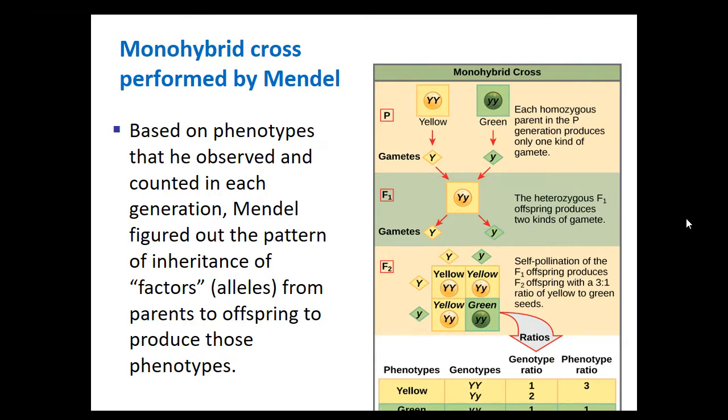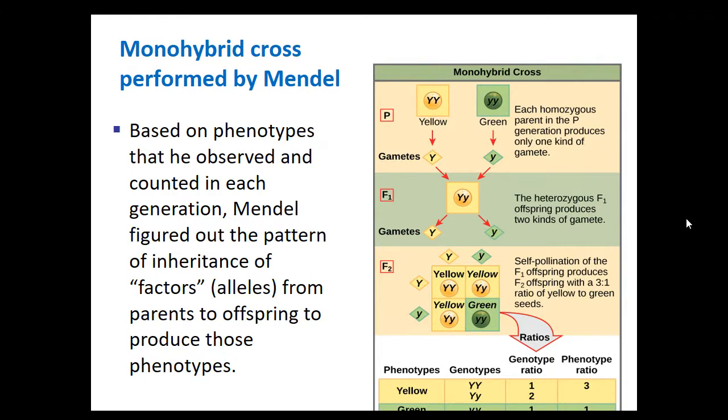But remember, Mendel didn't know they were big Y or little y. He didn't know what a gene was. He just knew they were true breeding yellow, true breeding green. He crossed them together, and he got the next generation, and they were all yellow. Because they were all big Y, little y. Big Y is for yellow, so they were all yellow.